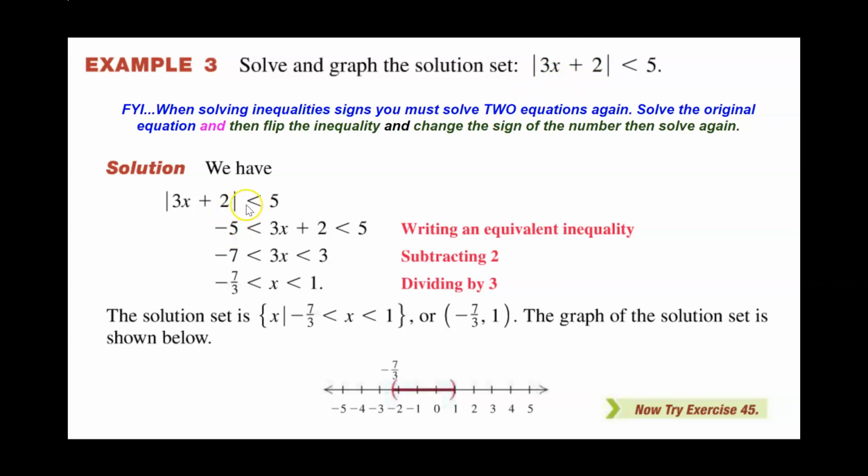So I'm going to solve the original equation with the less than sign. And now I need to flip this inequality sign and solve for the greater than, but change this one to a negative. So this is the other side. We're solving for this side over here first, and then this side over here next.